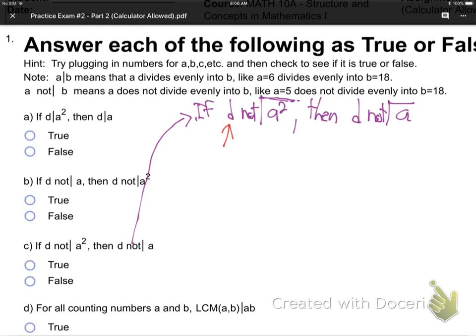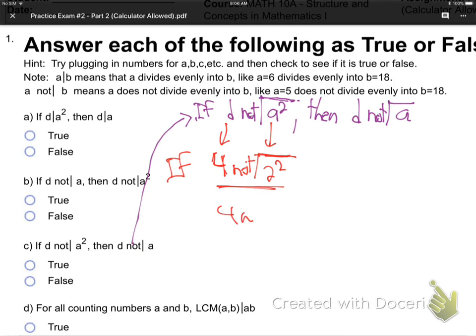How about 3, let's say, how about 9? Well, I want to pick easier numbers. How about D to be 4, A to be 2. So if 4 does not go into 2 squared, no, wait a minute, that's not a good example, is it? Remember, you've got to make the if work.